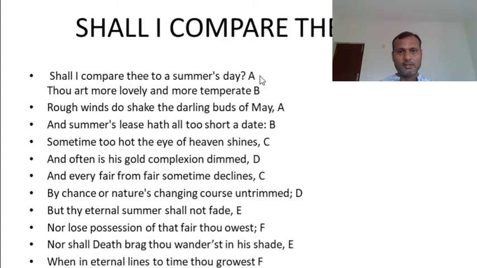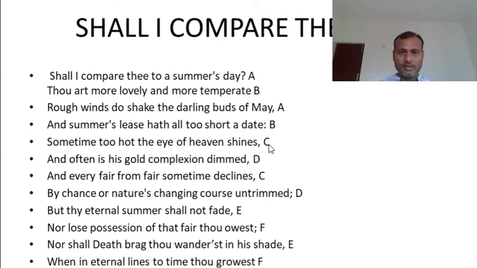As I said earlier, this is A, B, A, B. And if you come to line 5, the last word of line 5 is "shines." "Sometime too hot the eye of heaven shines." So this "shines" rhymes with line 7, the last word "declines." Shines and declines.